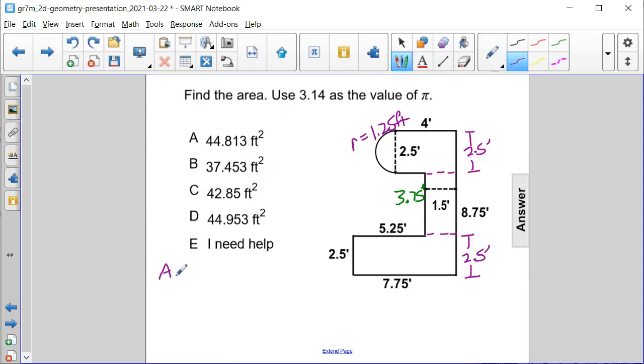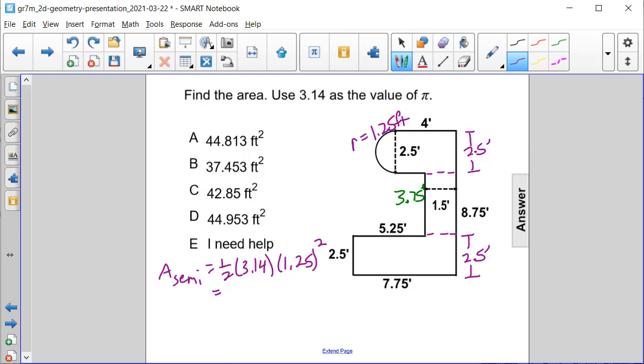So let's do the area of the semicircle first. It's going to be half times pi, which we're using 3 and 14/100 as its value, and its radius is 1.25 squared.